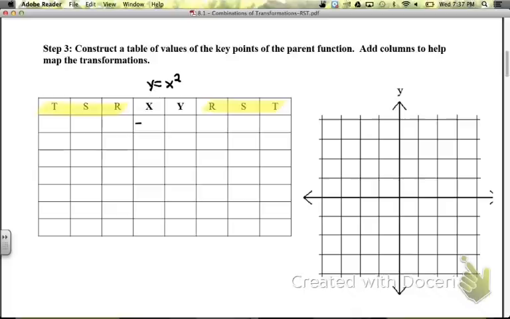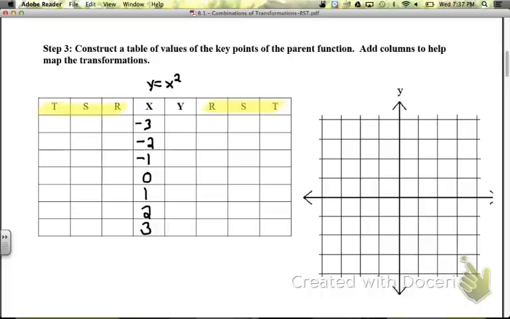So we're going to start at negative 3 for our x and go all the way up to positive 3. Remember that when we're choosing our x values, those x values are our independent values, so they don't depend on anything else, whereas our y is our dependent variable, which depends on whatever x is.